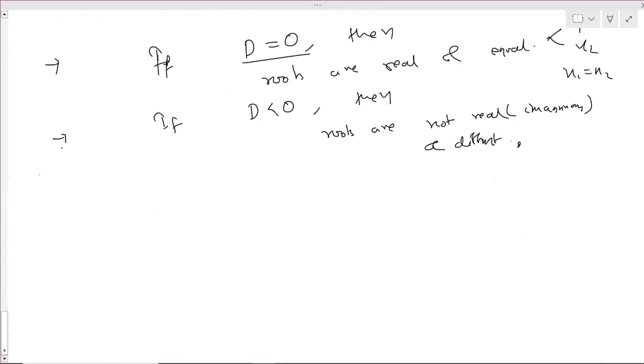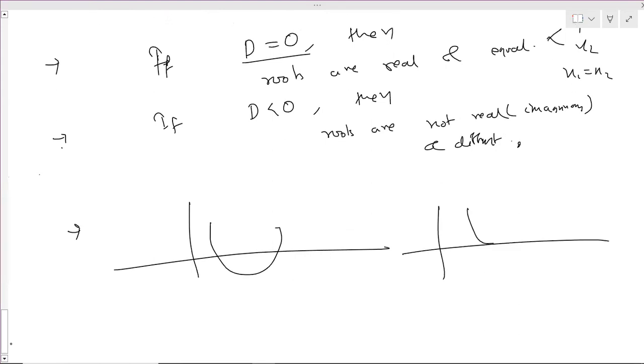Now let's look at the graph. I told you three types of graphs are possible. One is this, one is this, and one is this. Remember, wherever the graph or the function cuts the x-axis, this is the x-axis, this is the y-axis, this is the curve, the function, the graph.